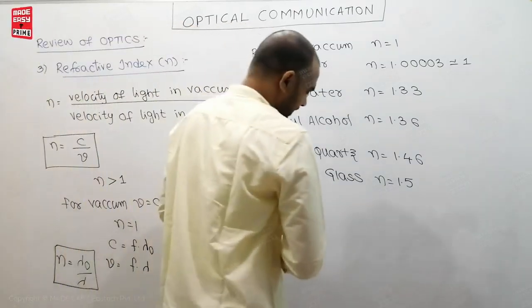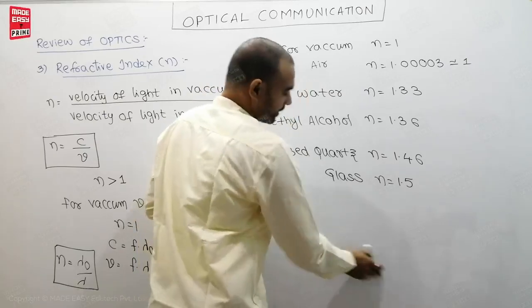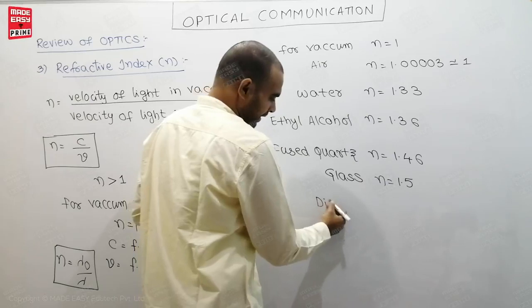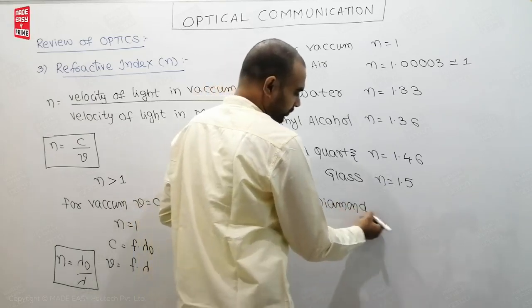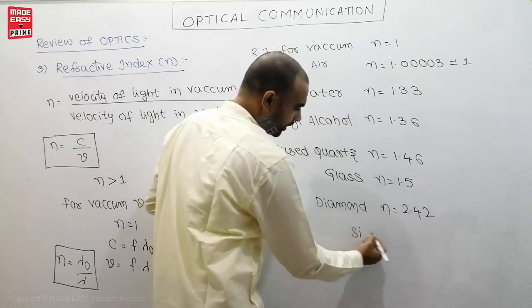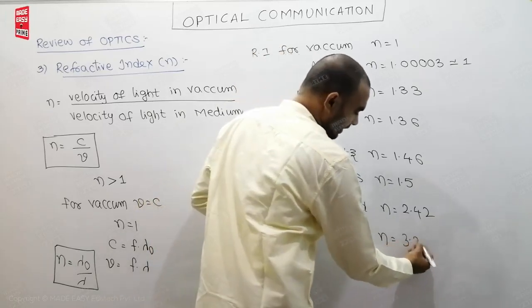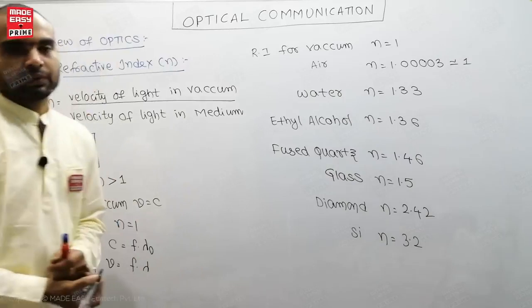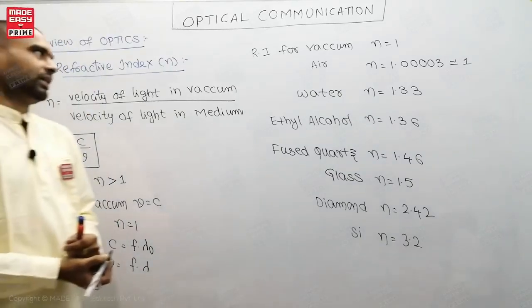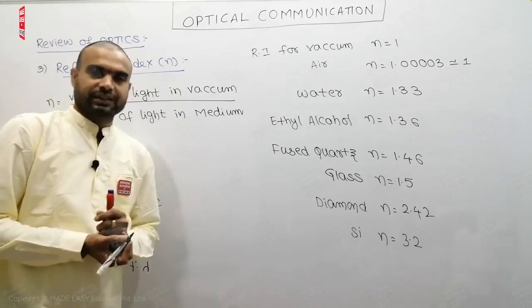Next, another important one is diamond. The refractive index of diamond is n equal to 2.42. For silicon, n is equal to 3.2. These are the refractive indexes for some of the standard materials or mediums we are considering.